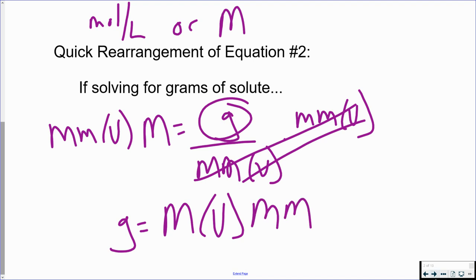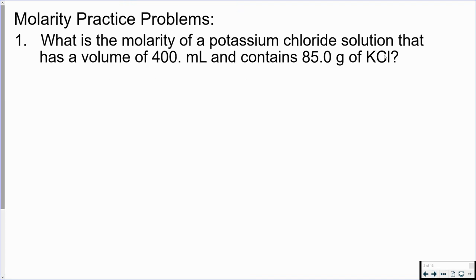All right, let's go ahead and do a sample problem. So sample problem number one, it asks, what is the molarity of a potassium chloride solution if it has a volume of 400 milliliters and contains that many grams of potassium chloride? Well, since we have grams, we're going to need molar mass.